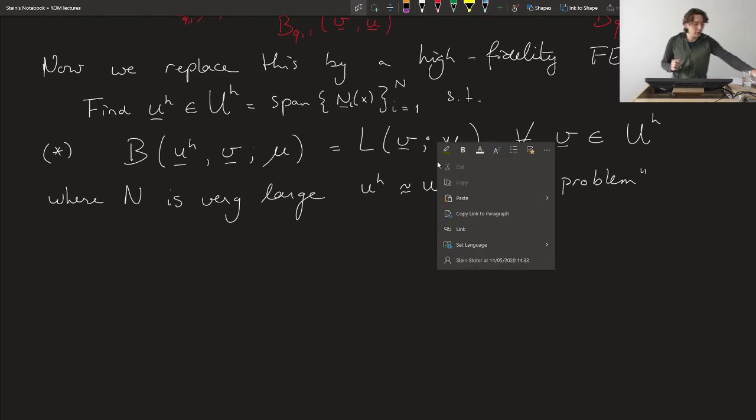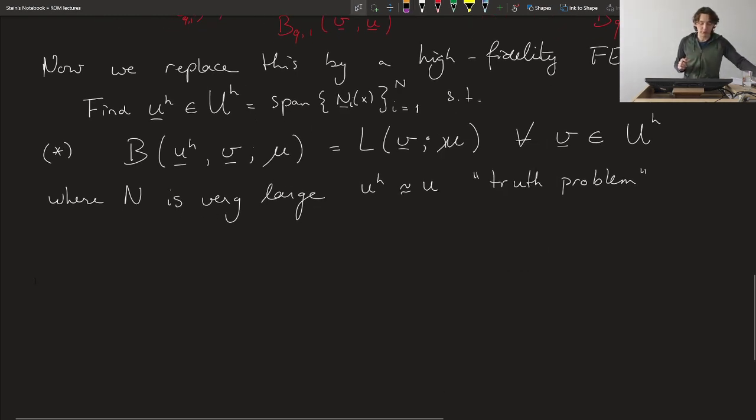But hypothetically, we'd be able to do this, given enough computation power, for every choice of parameter point, and we could pick every single point in our parameter space and come up with a solution. So hypothetically we could create a map that maps our parameters to our discrete finite element truth problem.